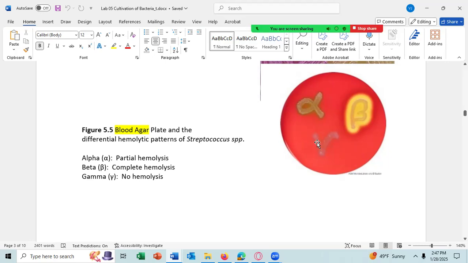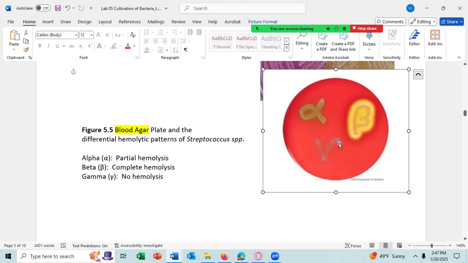It can grow other organisms, like Staphylococcus epidermidis, maybe, which does not require the blood, but it will grow in the blood agar plate. And then it's differential by its hemolytic pattern that can be observed on the plate.